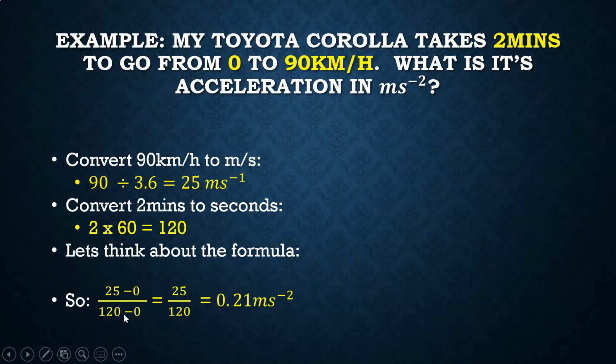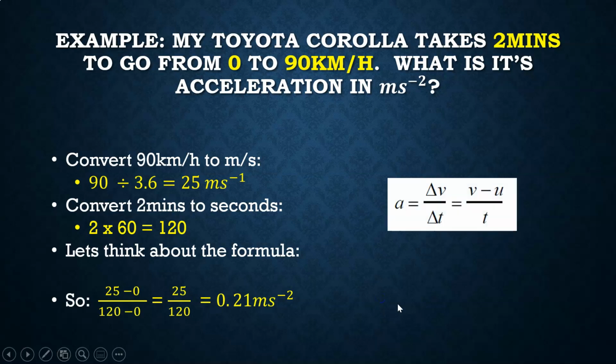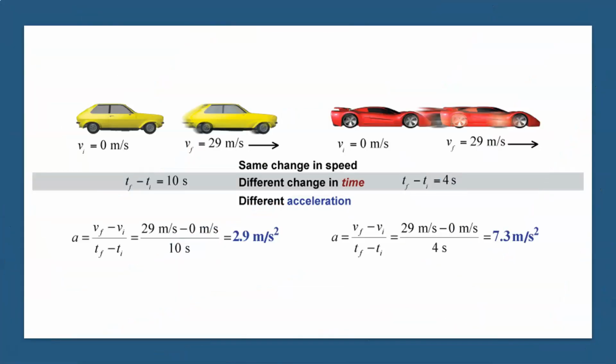Okay, so it's 120 minus 0, 25 divided by 120. So my acceleration was 0.21 meters per second squared. Geez, my Toyota Corolla goes fast. Okay, so there's our formula that we've just used. Okay, that's what we've stepped through.